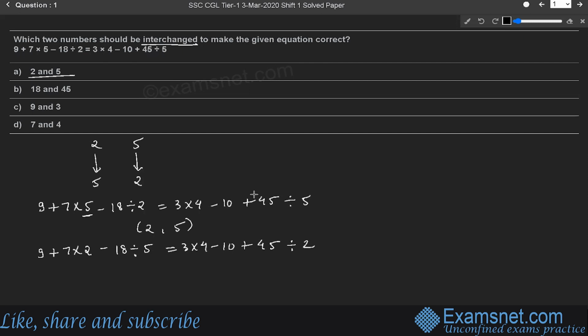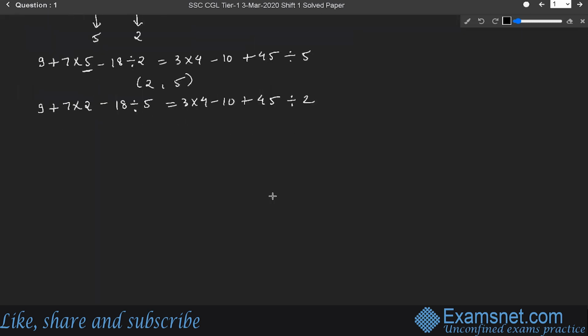Okay. So now what we have to do is simply solve it and use the BODMAS rule here. So it will be 9 plus 7 into 2 is 14 minus 18 divided by 5 will be 3.6. It is equals to 3 into 4 is 12 minus 10 plus 45 divided by 2 will be 22.5. Remember that we are using BODMAS rule here.